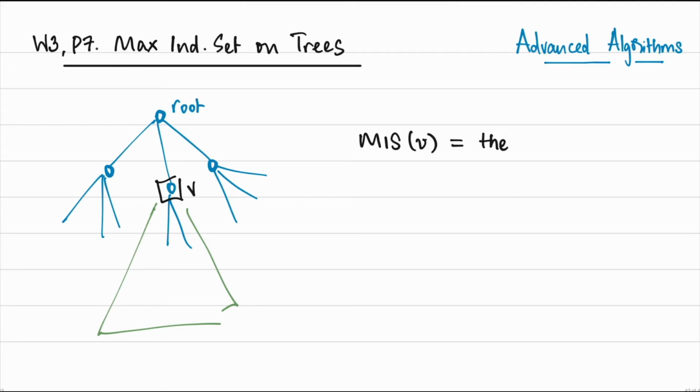So this is essentially all the descendants of V with respect to this particular root. So let's ask for the size of a maximum independent set in T sub V, which is the notation for the subtree that is rooted at V, right?